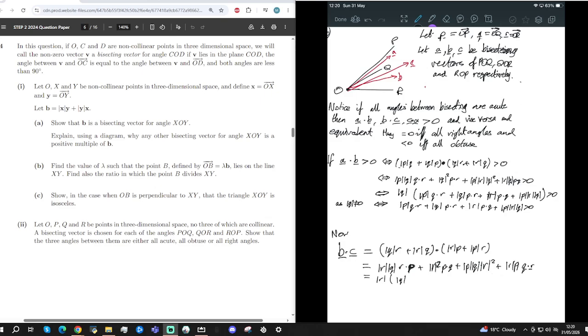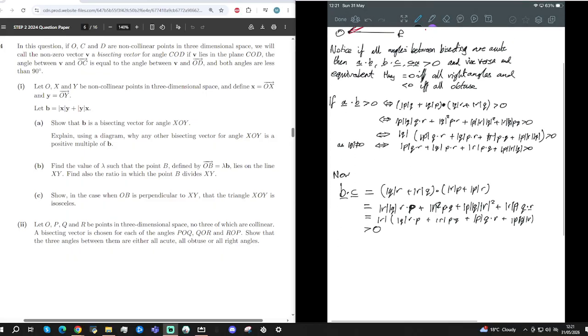So it's mod Q R dot P plus mod R P dot Q plus mod P. Again, I'm reordering the terms just slightly, which is greater than 0 because of the star condition. And similarly, which one haven't I done? A dot C.